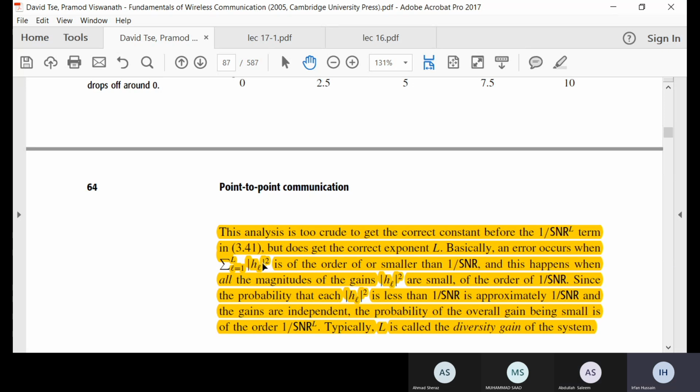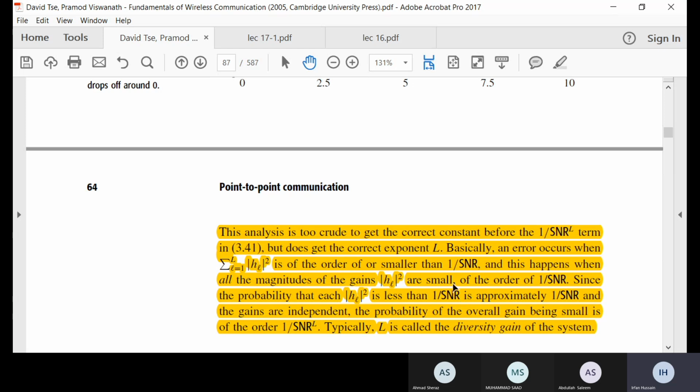And if I want the total to be less than 1 over SNR, then all of these |h_l|^2 have to be less than 1 over SNR. But we have seen that for one single |h_l|^2 being less than 1 over SNR, the probability of that was 1 over SNR.